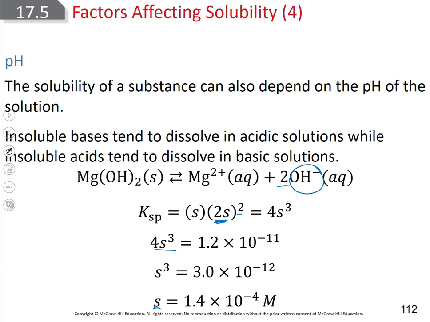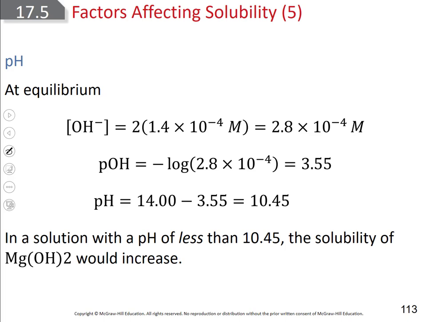So 2 times S will give us our concentration of hydroxide. 1.4 times 10 to the negative 4th is our S, times 2 gives us a hydroxide ion concentration of 2.8 times 10 to the negative 4th.